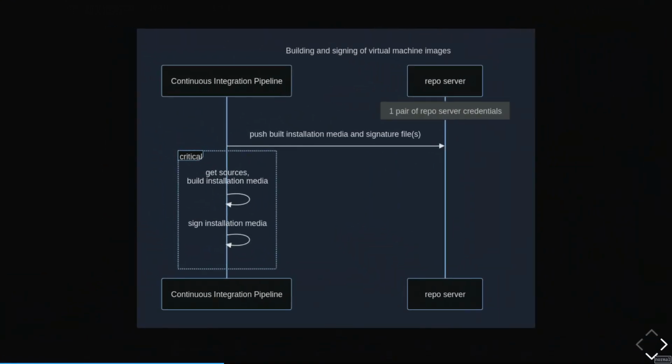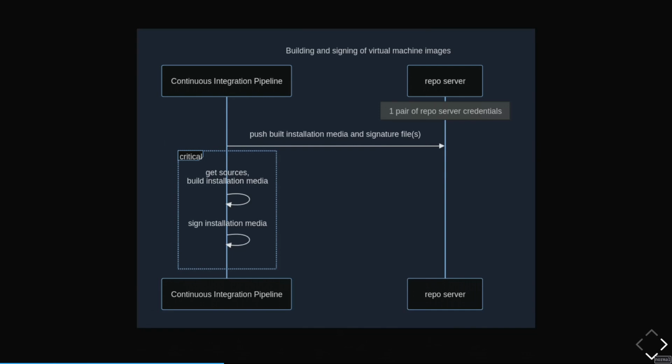We do have, as I mentioned, the CI pipeline, and we have builds going on in there that mostly relate to virtual machine images of all sorts that we provide. And they are also pushed to a repository server as far as I know, and then signed in CI.